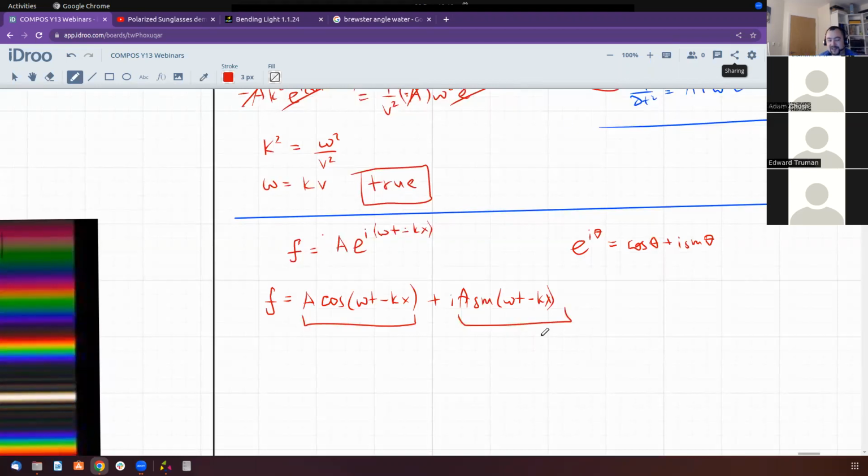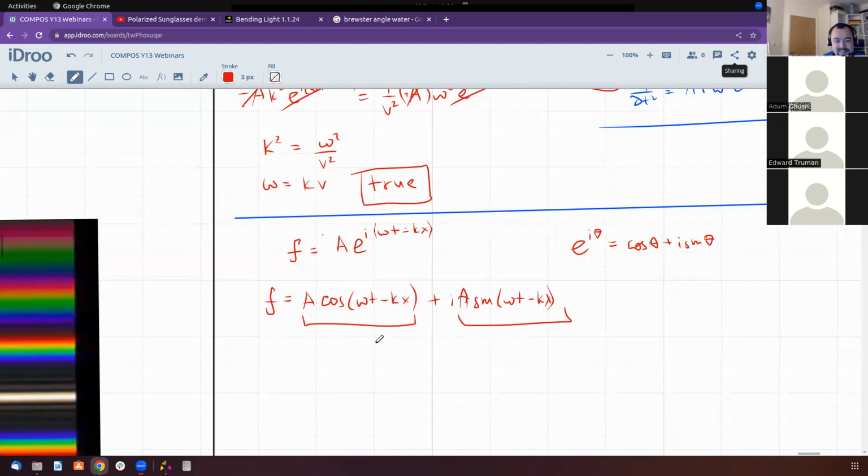Any linear combination of solutions: if a function is a solution of the wave equation, then any linear combination is also a solution.